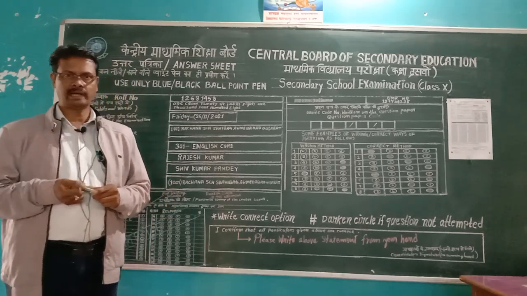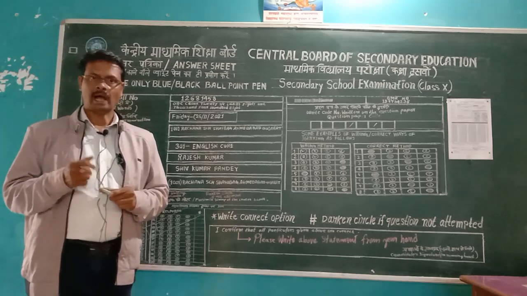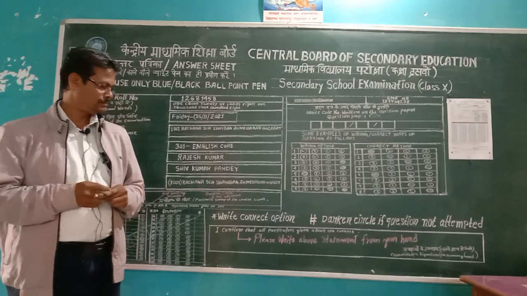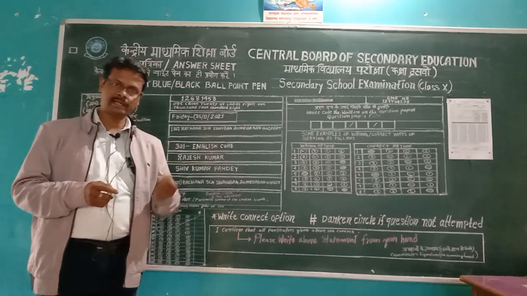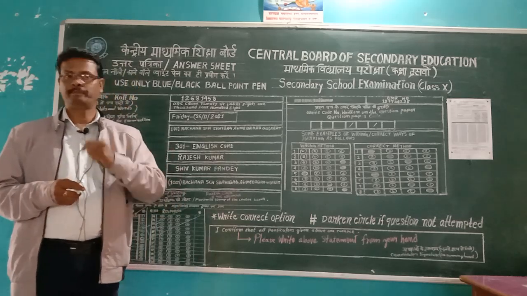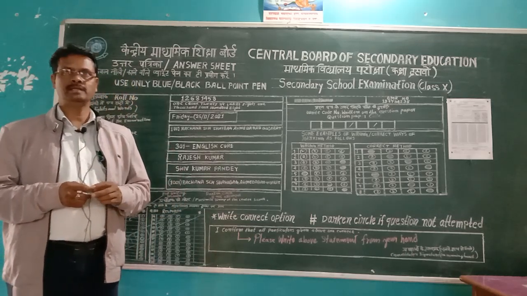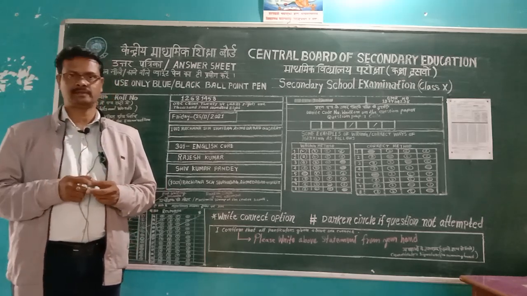But in the subjects of English, social science, science and IT, it is a little different. In social science, science and English, the maximum mark is 40, but we have to attempt 50 questions. That means each correct answer is 0.8 marks.